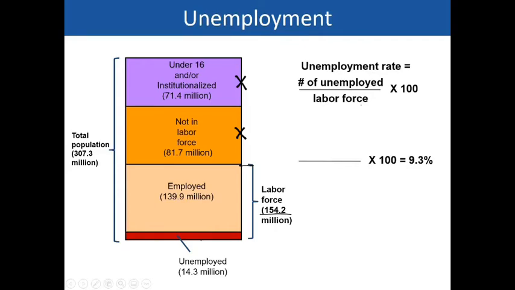Who are those people in the labor force? Those are the employed and unemployed. What is the unemployment rate? It is the percentage of unemployed in the labor force. And we can just plug in the numbers if we have those numbers, and we'll do that.